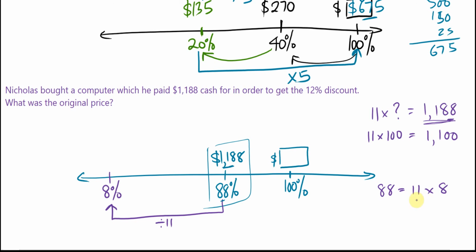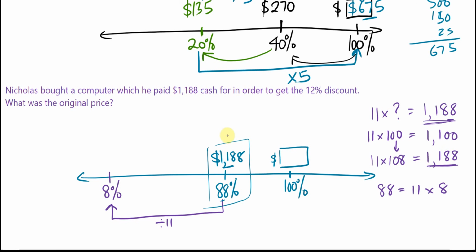So I need to add 8 more 11s in a sense. So what I need to multiply 11 by would be 108. So 11 times 108 will give me 1,188.